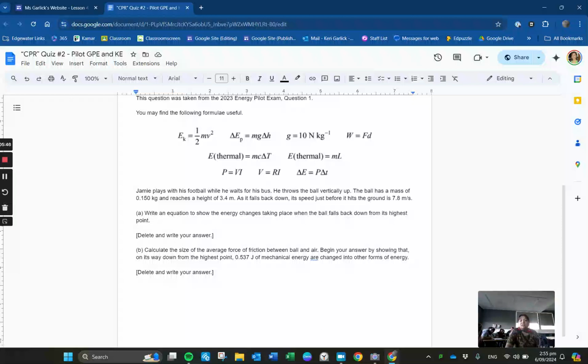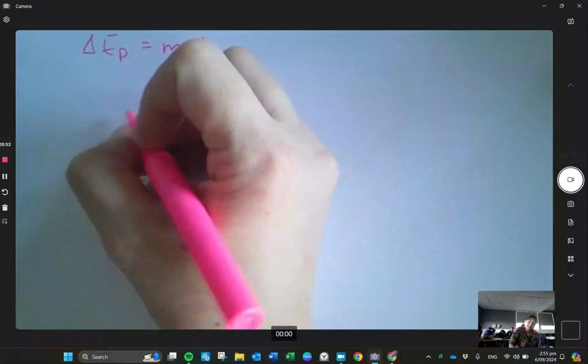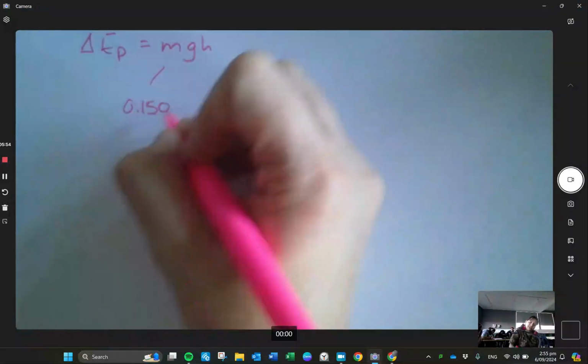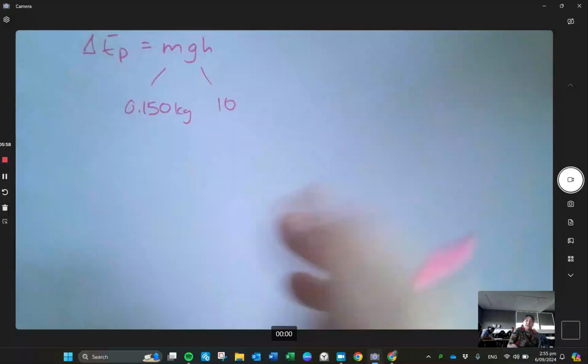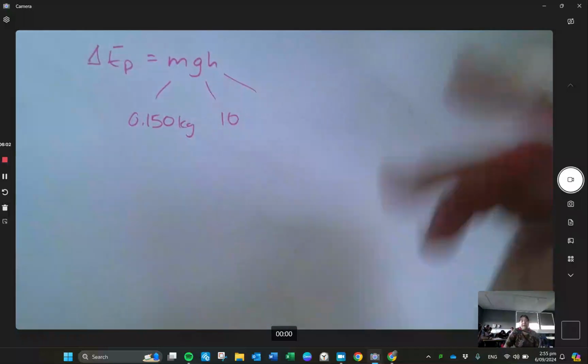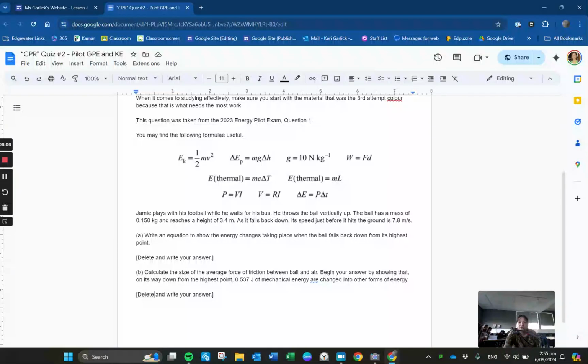So the mass is 0.150 kgs. Gravity is always 10. We simplify it. It's actually 9.8, but we use that number instead. And then h, which is our height, is 3.4.